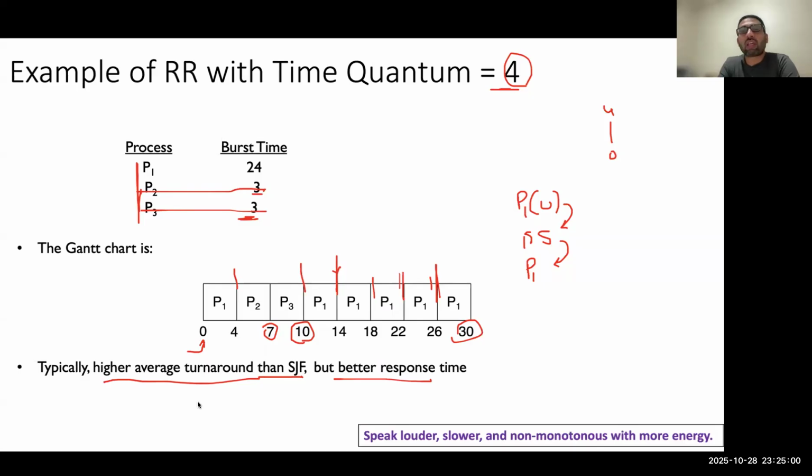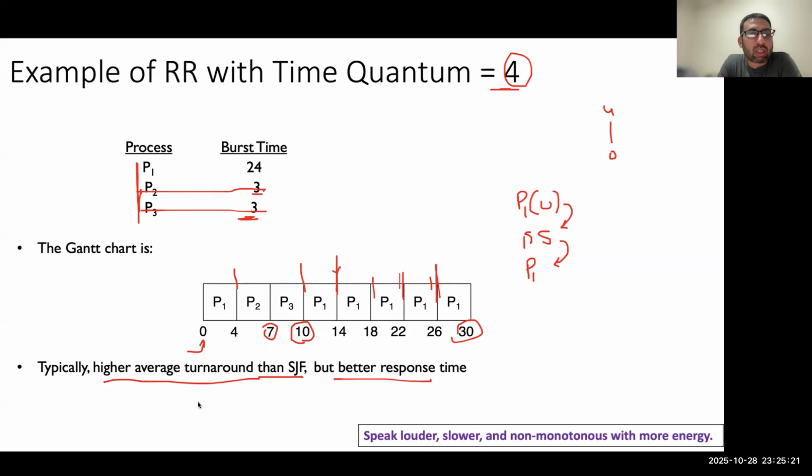If it is empty, it means there is no other waiting process, so you would just keep monitoring until another process becomes ready to run. So is there still a context switch at 14 and 18 or 22?